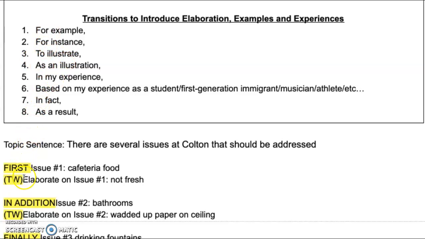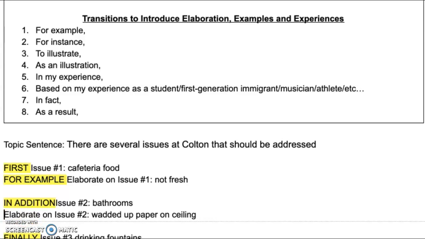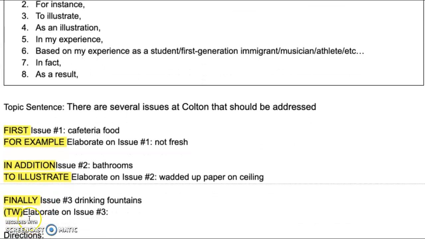I think for the first one, I'll use, for example, and for my second one, let me see, let's say to illustrate. And for my next time I elaborate, and I'm talking about the drinking fountains for that one, maybe I'll say in my experience.